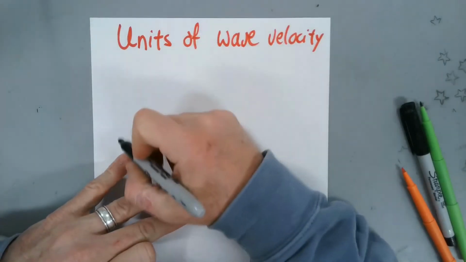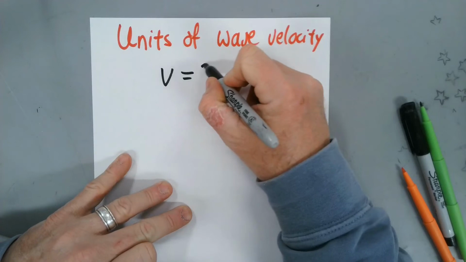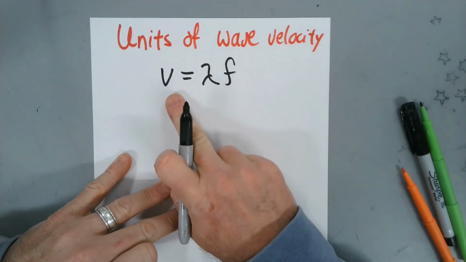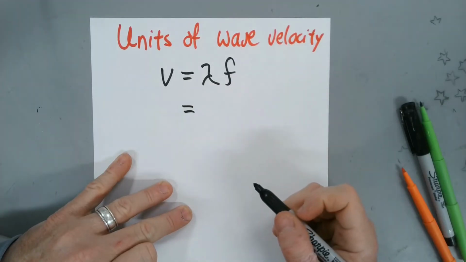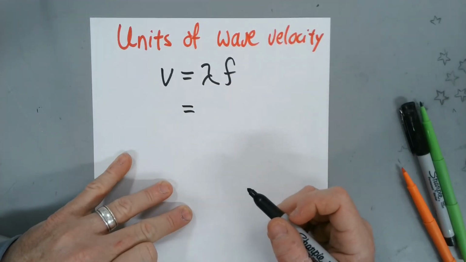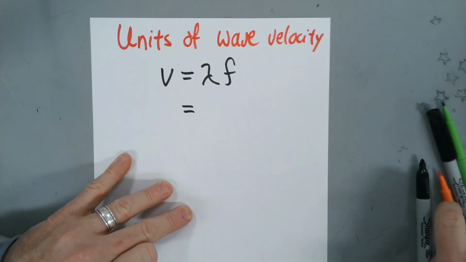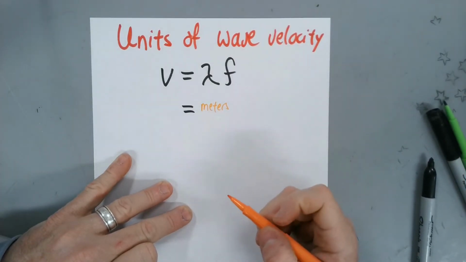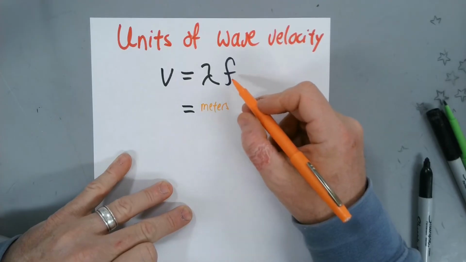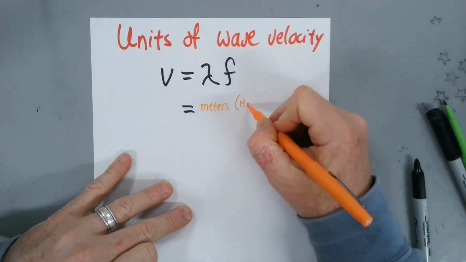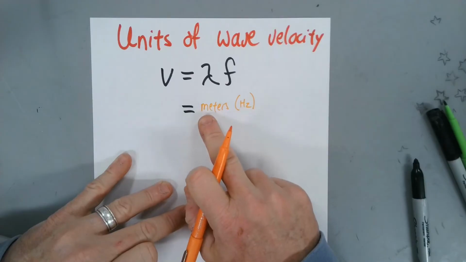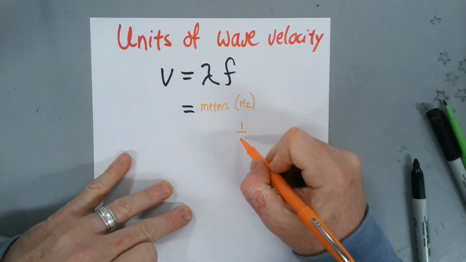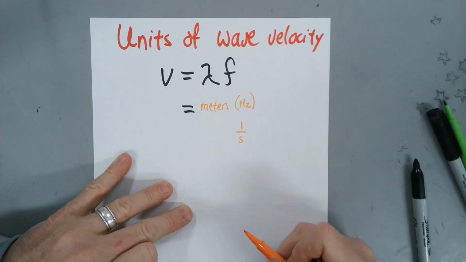Let's talk about the units of wave velocity. Well, velocity is a wavelength times a frequency. So my wavelength is a length. It's going to be measured in some unit of length, like meters. And we know that frequency is measured in hertz. So I get meter hertz. But if you remember, a hertz is 1 over a second.